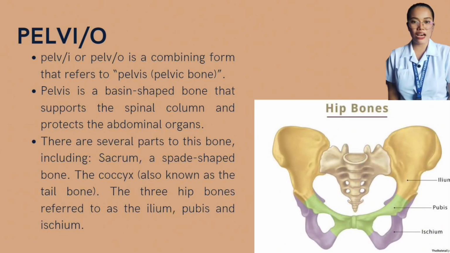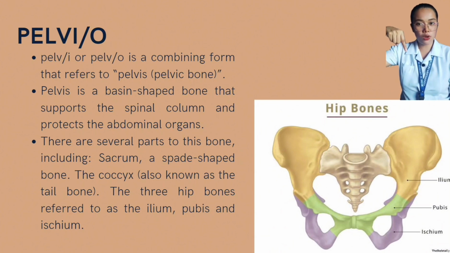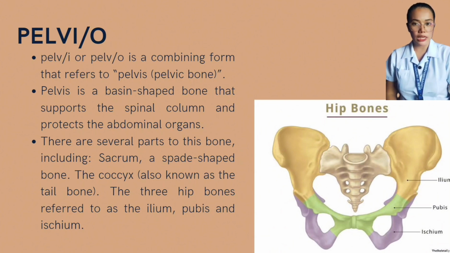In here, we have the pelvi or the pelvo. Pelvi or pelvo is a combining form that refers to pelvis or the pelvic bone. As you can see on the figure down below, pelvis is a basin-shaped bone that supports the spinal column and protects the abdominal organs. It is responsible for supporting upper body weight.